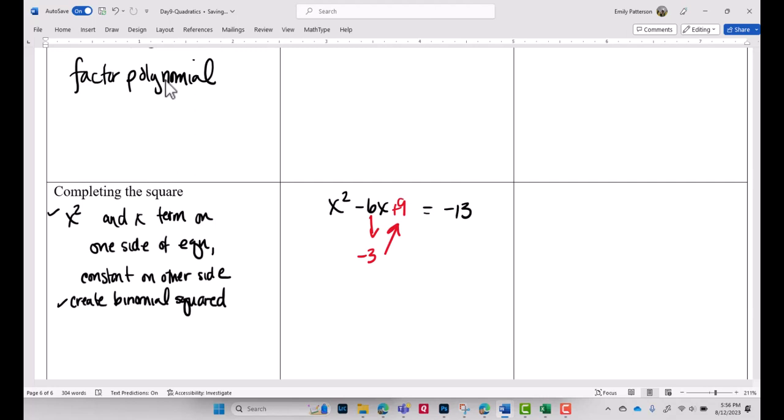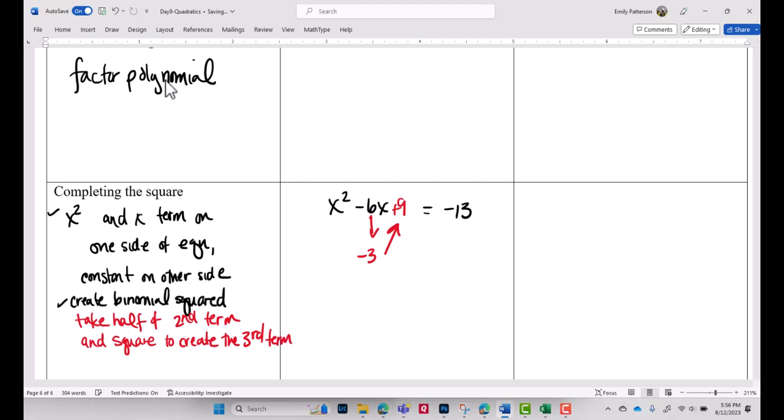So we take half of the second term and then square it to create the third term in our trinomial.